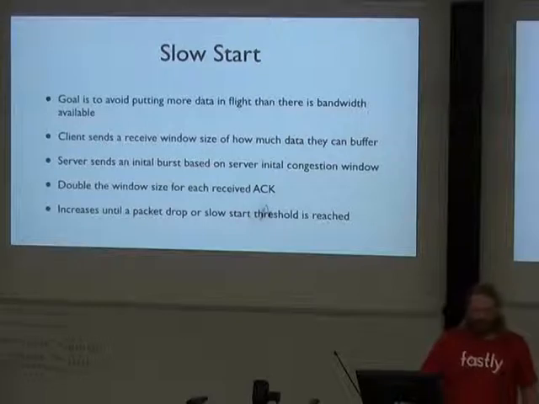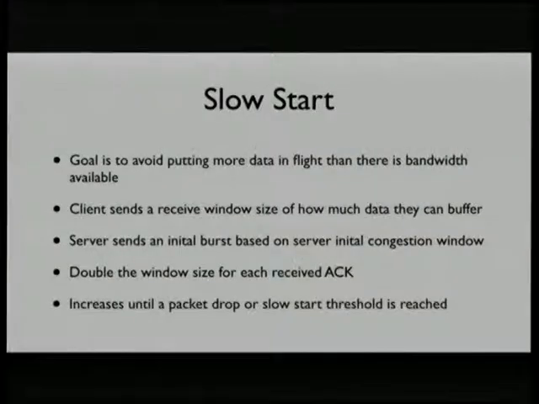The problem is if you have a dropped packet while you're doing this rise, it drops through the floor and is very aggressive about backing off and then coming up slowly again until it gets into what's known as congestion avoidance mode. Once it's hit that peak and it's starting to back off, its response to these events is much slower.